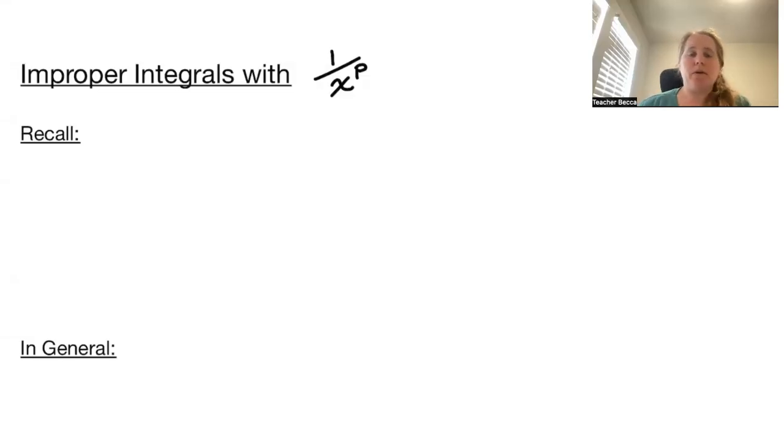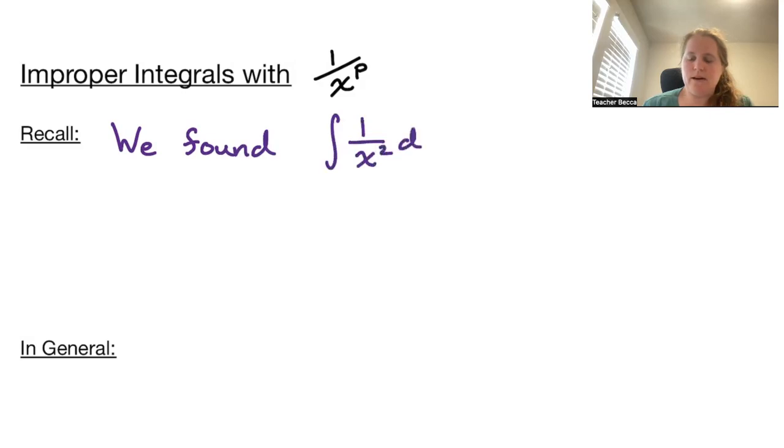Welcome to improper integrals with 1 over x to the p. So recall when we found that the integral of 1 over x squared dx from 1 to infinity was equal to 1.